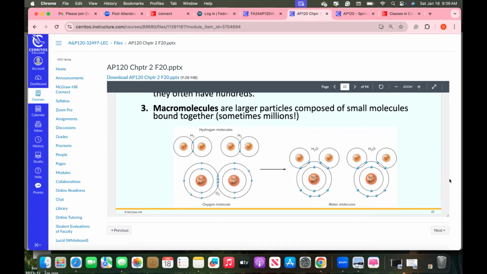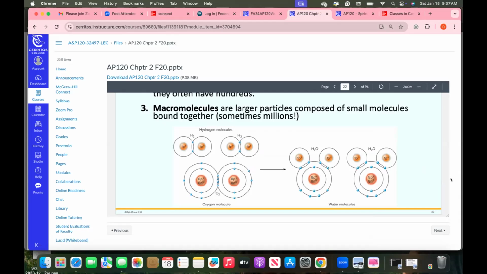So here's some examples. Here's hydrogen molecules at the top, and then there's oxygen molecules down below. What makes them different is the number of electrons that they carry here. Like these two oxygen atoms share bonds.